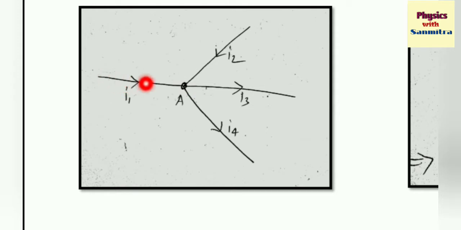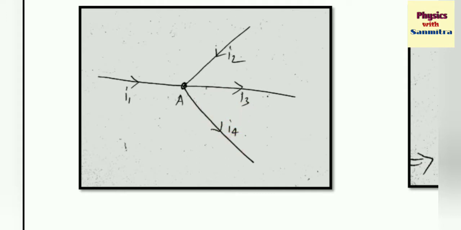First of all, there are four branches of the conductor, and the intersecting point of the branches is called a node. Where I am showing the pointer, this is the node, and I am marking the node as A. Now current I1 is entering the node, current I2 is entering the node, current I3 is leaving the node, and current I4 is also leaving the node.